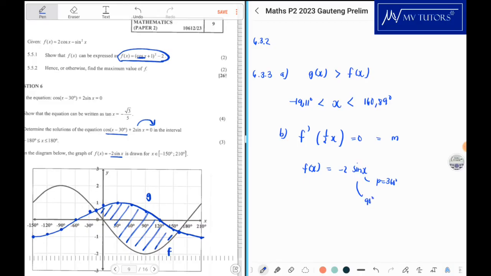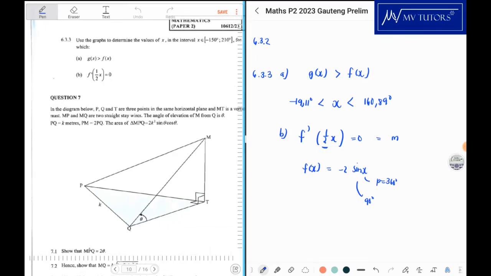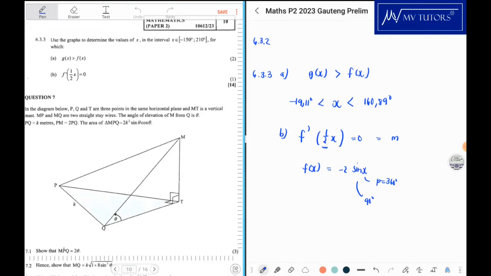Now, if we're going to double the period by putting a half there, our stationary point will now be at 180 degrees. Okay, so to answer the question, where it says determine the value of x where your stationary point is equal to 0, that value of x will be at 180 degrees. I hope I am making sense.